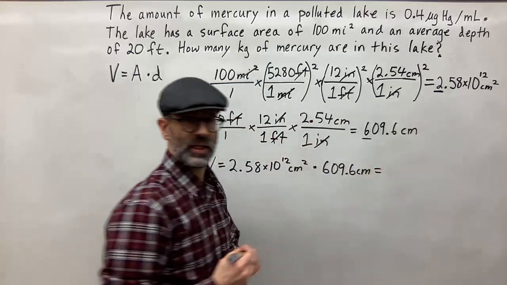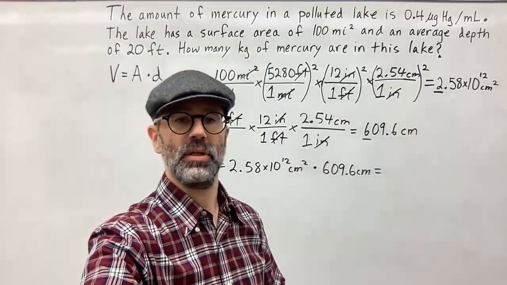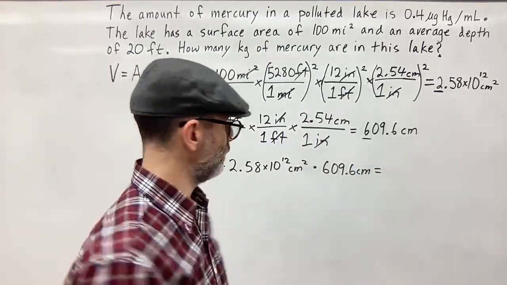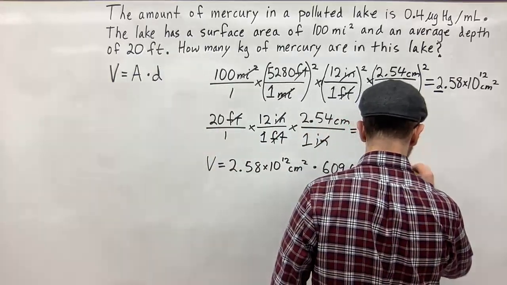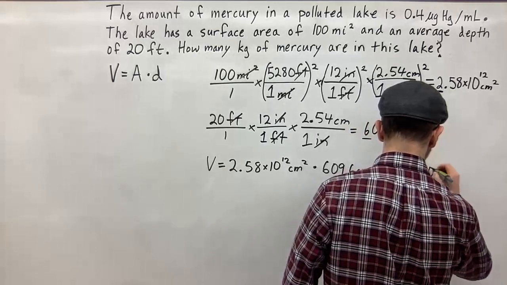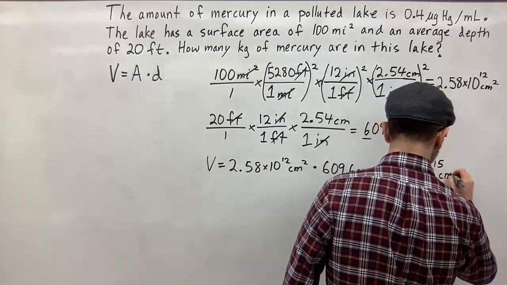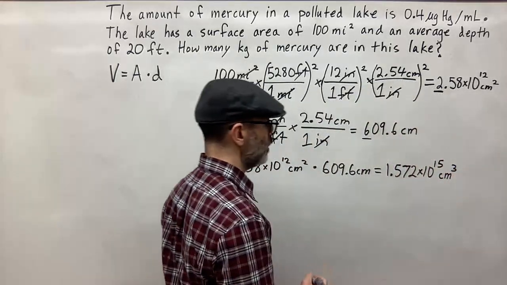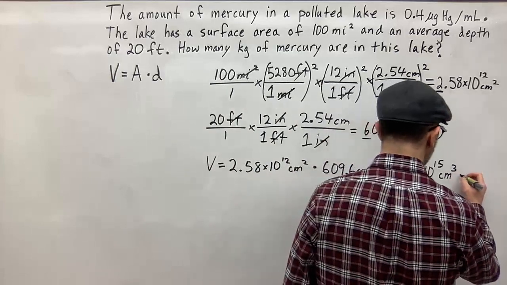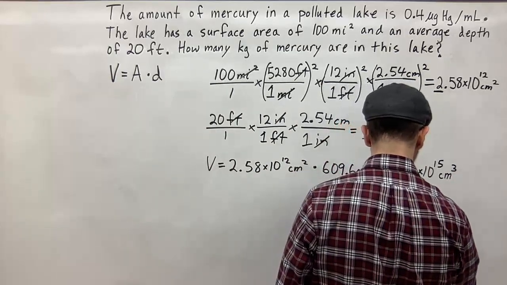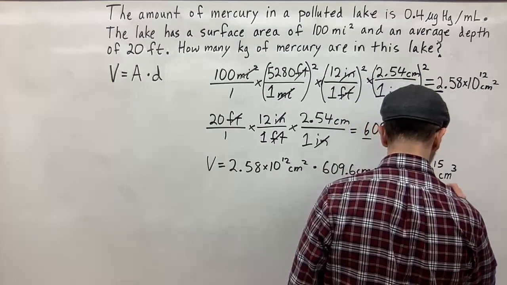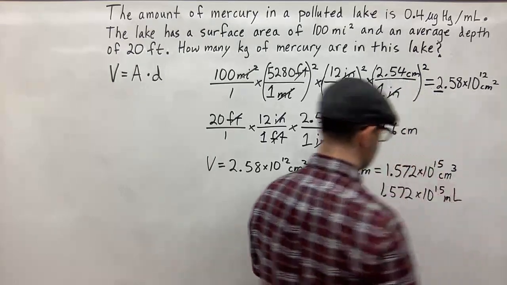And that's going to be equal to 1.572 times 10 to the 15 centimeters cubed, which is equal to milliliters. So this is the same as 1.572 times 10 to the 15 milliliters.